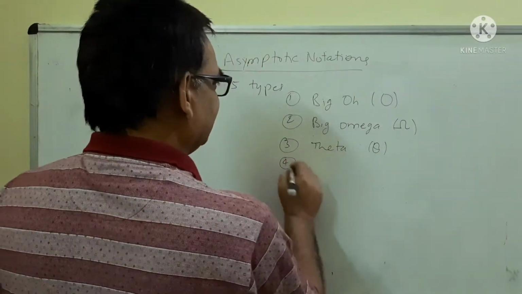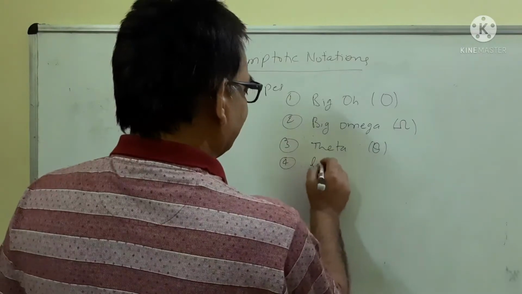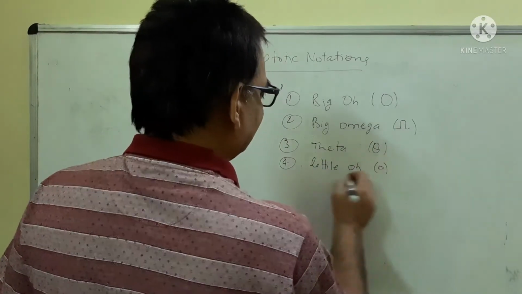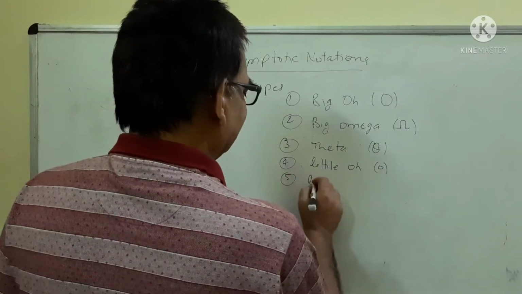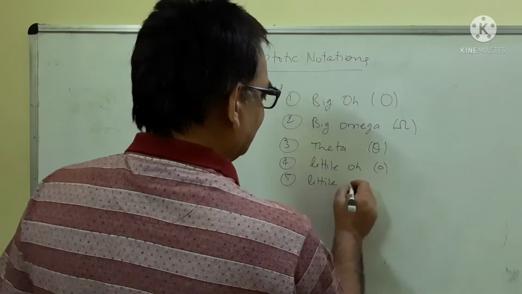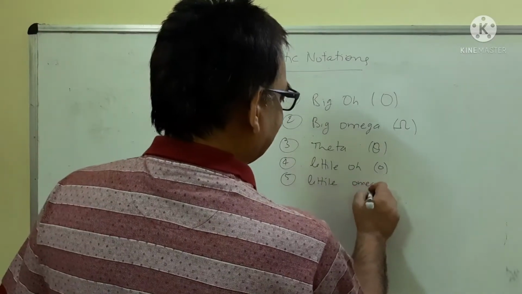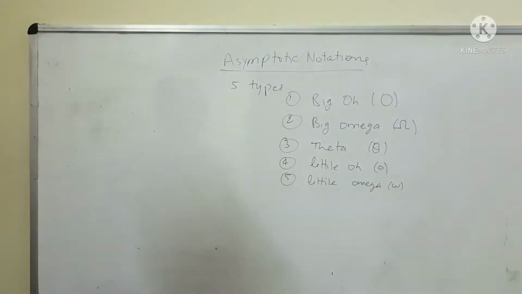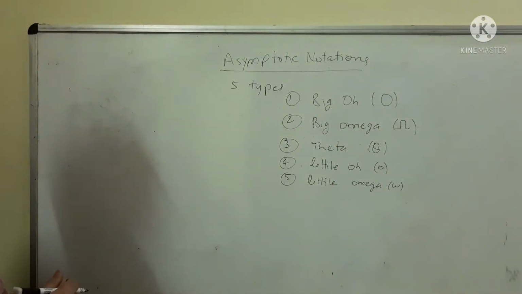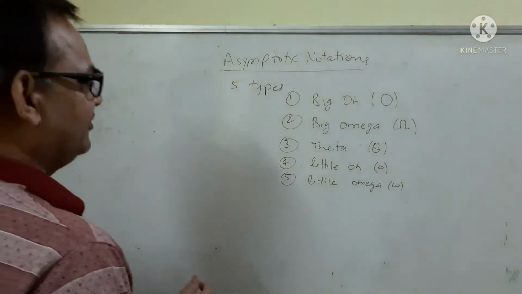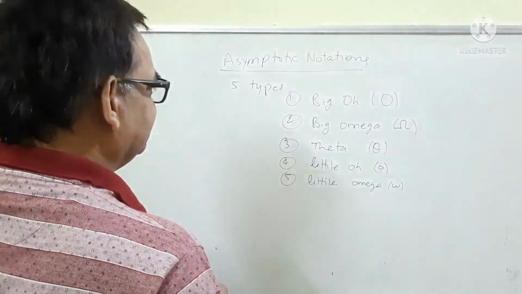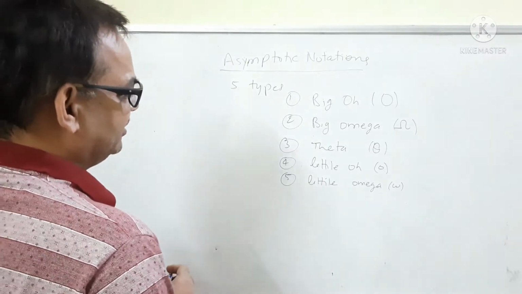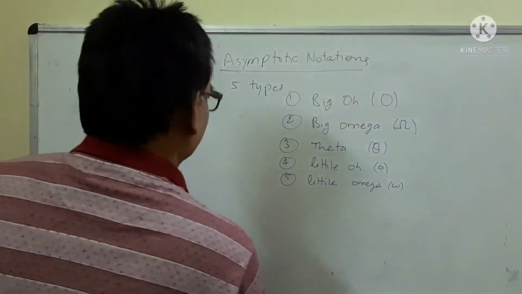Number 4, little o. And number 5, little omega. Asymptotic notations are used to analyze the space and time complexity of algorithms. Let us define big O, big omega, theta, little o and little omega.